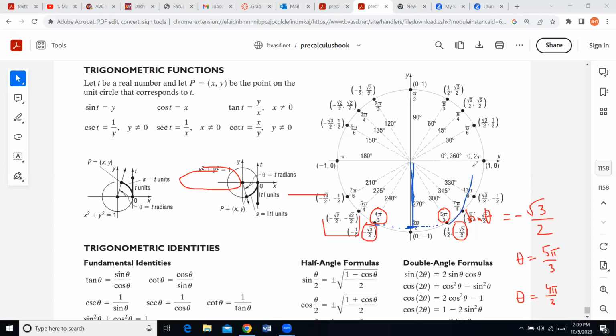If you rotate this all the way around, in other words, if you add 2 pi, or if you rotate it twice around, you'll still end up at that same point. So you can rotate it as many times as you like, and that's why they say 2 pi times k, where k could be any integer number.